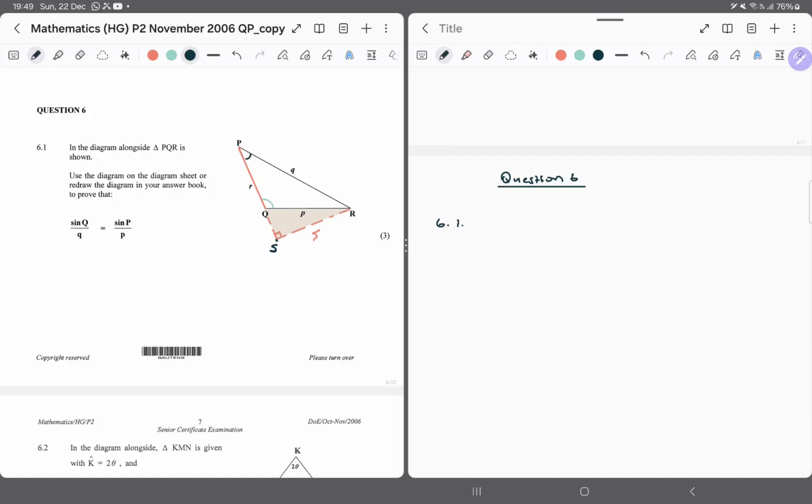Let's call that PQS, okay? So what are we going to say? We can say given triangle PQR.